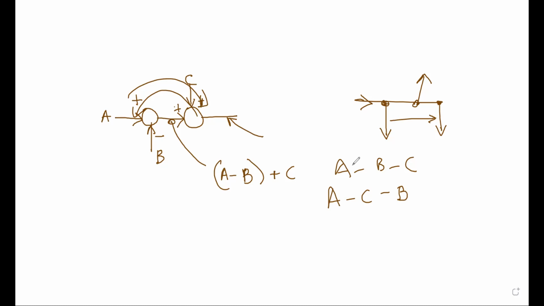In other words, if you open this, it would be A minus B plus C. And then in that case, I could have had A plus C minus B. In other words, I could have had a summing junction looking like this, with A here, C, and then going in here. And if we have minus B now, I'll have B here with a minus here and a plus here. So I could swap these two situations. Yeah? Yes, thank you.